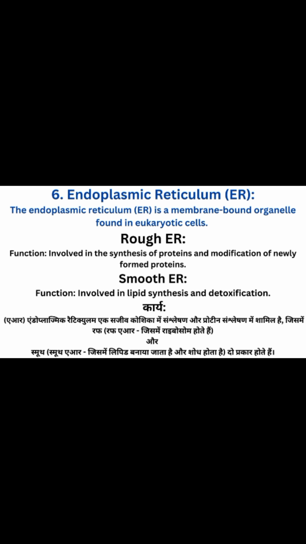The rough ER is involved in the synthesis and modification of proteins, and you will find ribosomes attached to its surface. And now the smooth ER, think of it as the multitasker. It's involved in lipid synthesis, making fats, and it plays a role in detoxification processes within the cell.